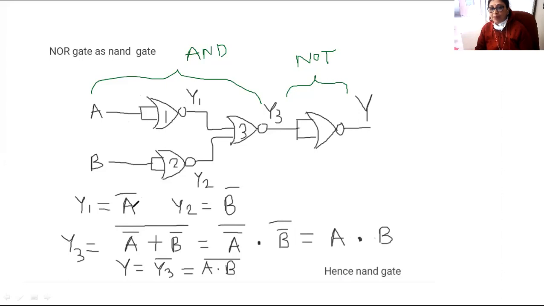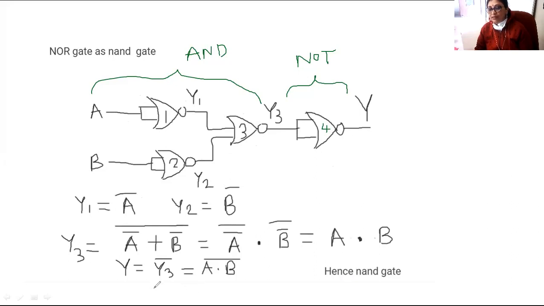Here once again you can derive the same thing. Y1 will be A bar, Y2 will be B bar. So here you will get Y3, and Y3 will be (A bar plus B bar) whole bar, and this will come out to be A dot B. This A dot B is applied to the input of the fourth NOR gate, and it is acting as a NOT gate, so it will just invert Y3.